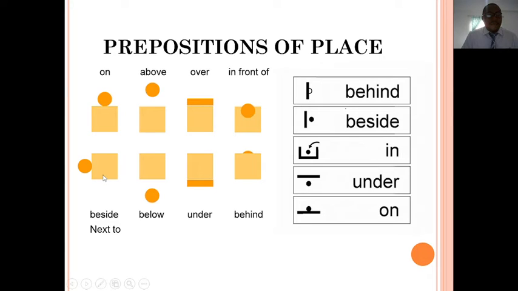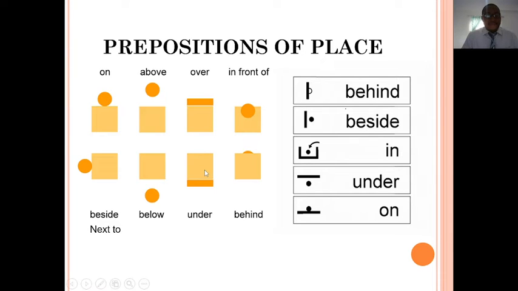For example, the ball is besides the box. Or we can say the ball is next to the box. Number 6, below. Again, below. So if we look at the picture, we can see that the ball is below the box.